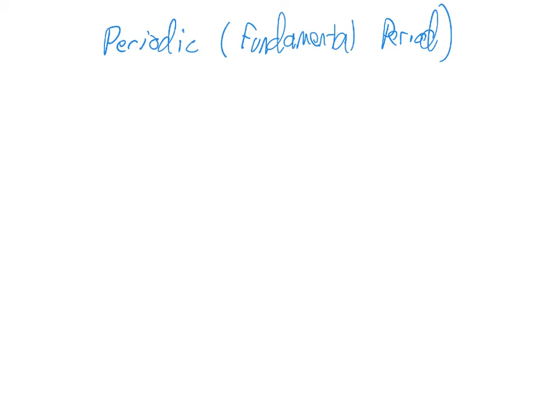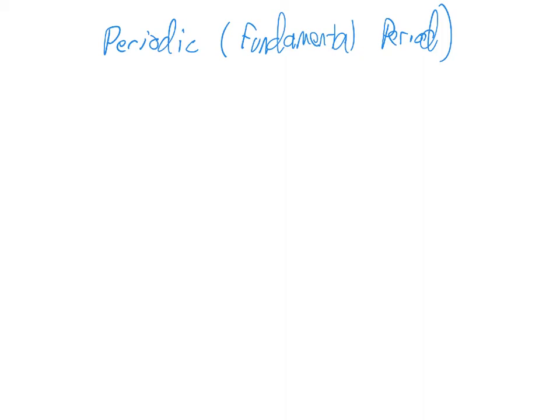Now, if a signal is not periodic, which most real-world signals are not, there will be different tools that we use, but we're going to start with the periodic case because it does allow us to use a certain class of very powerful analysis tools to understand signals and systems.